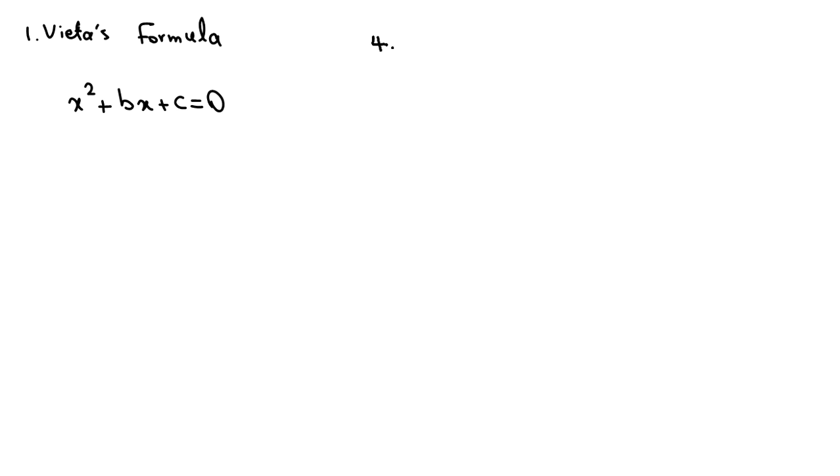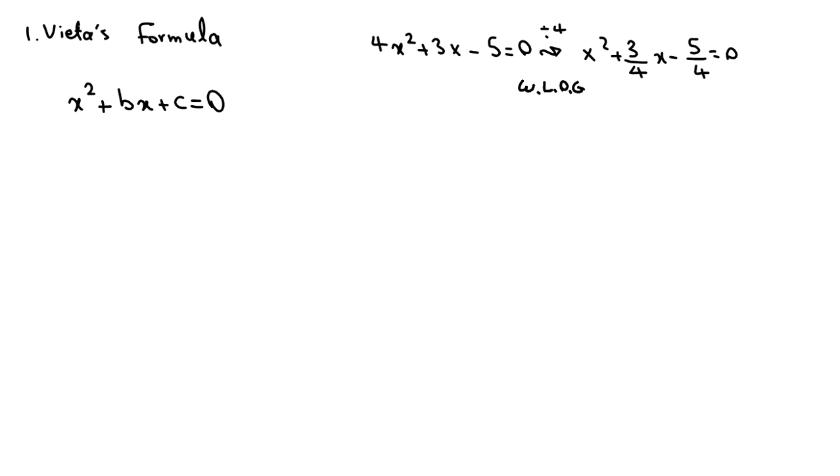For example, if you have 4x squared plus 3x minus 5 equal to 0, you can divide by 4 and say, okay, x squared plus 3 over 4 x minus 5 over 4 equal to 0. We say something like this without loss of generality.